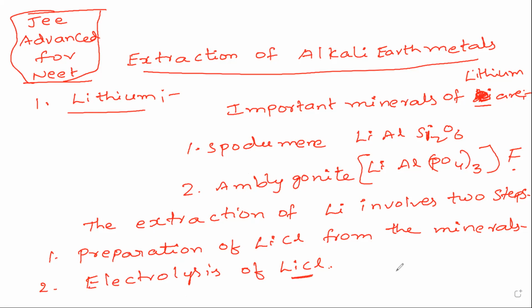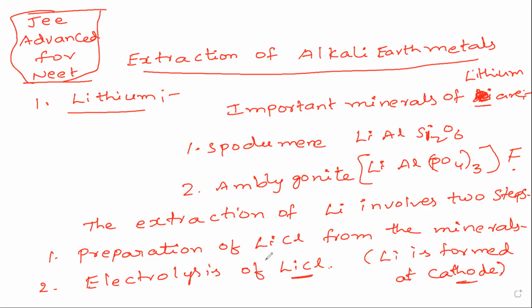I just have to write down the steps so that it will be easy for you to understand. Lithium is formed at cathode. So this is the additional information required for lithium. So that is extraction of alkali metals.